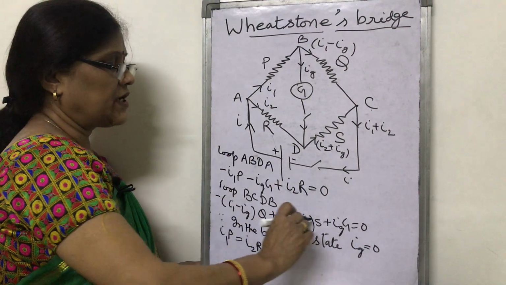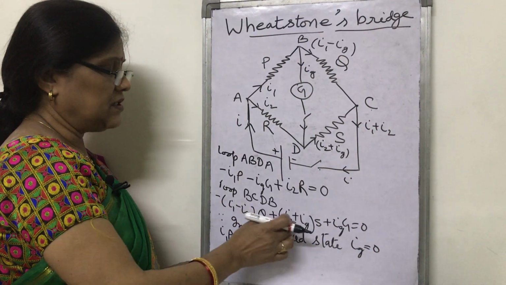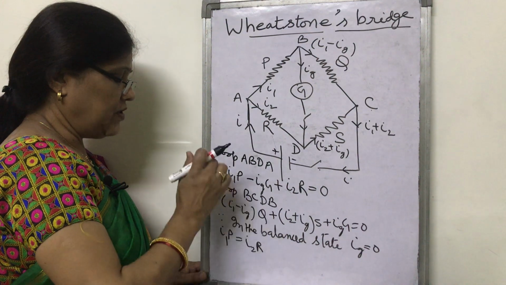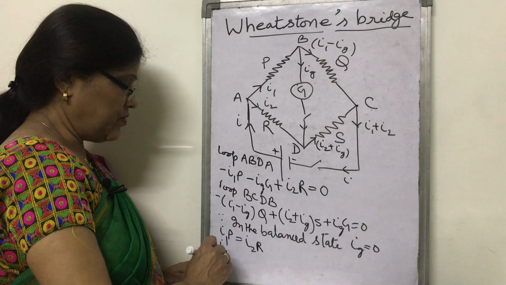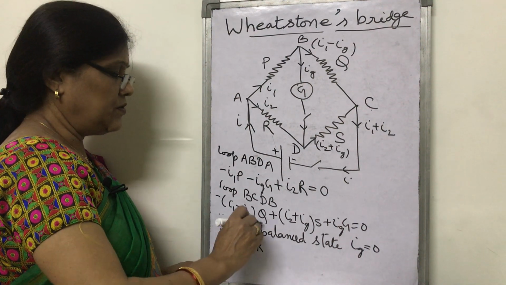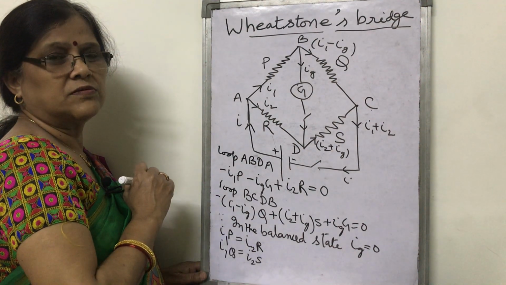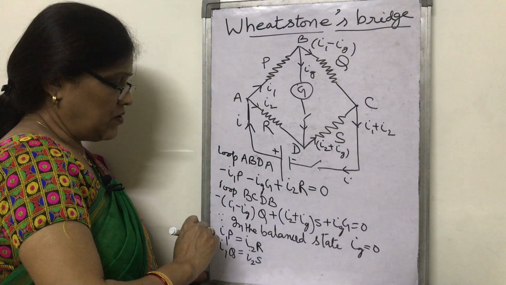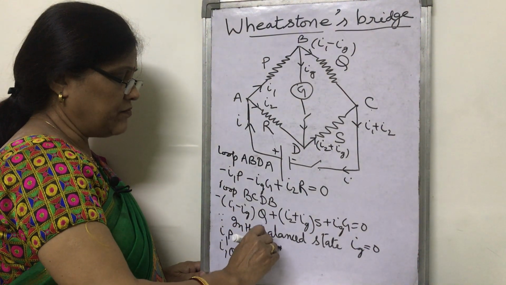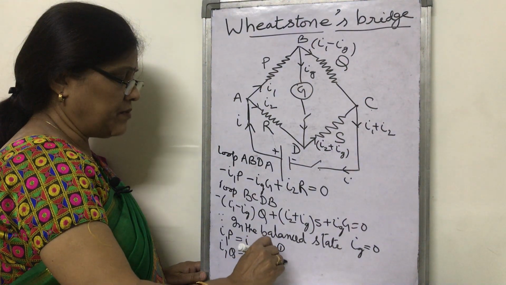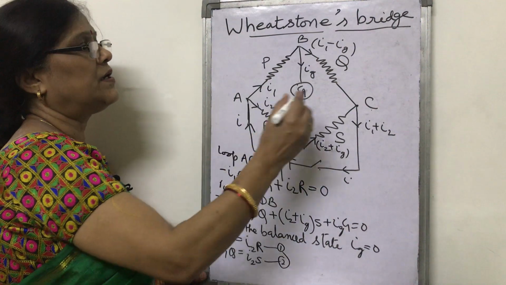Similarly, in the second equation, put Ig equal to 0. Then what will you get? I1q equal to I2s. Now divide equation number 1 by equation number 2. Then what will you get here?